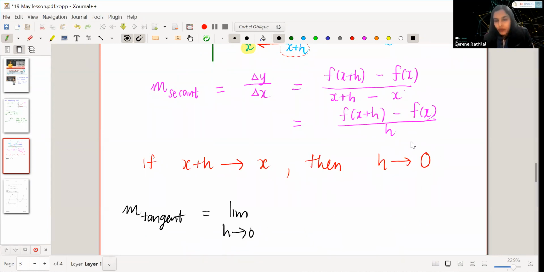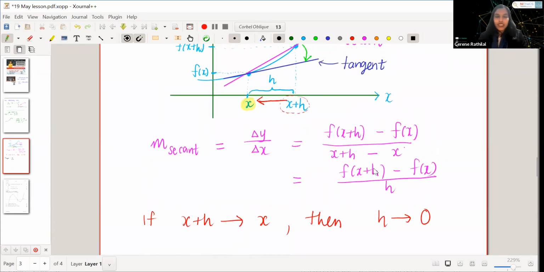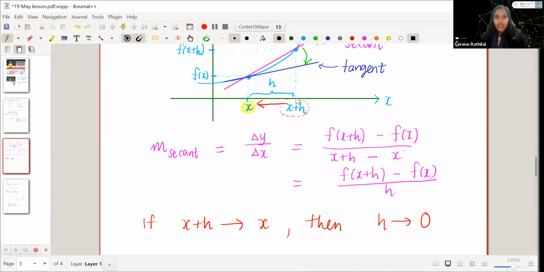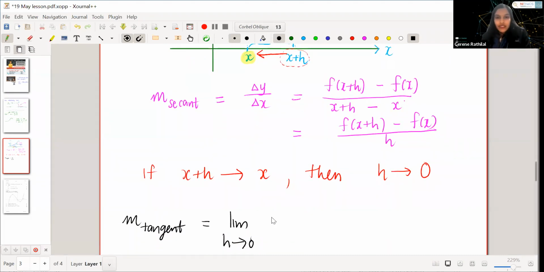And you now know why we're saying h approaches 0, because what caused us to get the tangent? We had the distance h become so small that this coordinate approached that one. Okay, and this is going to be the limit as h approaches 0 of the gradient of the secant.